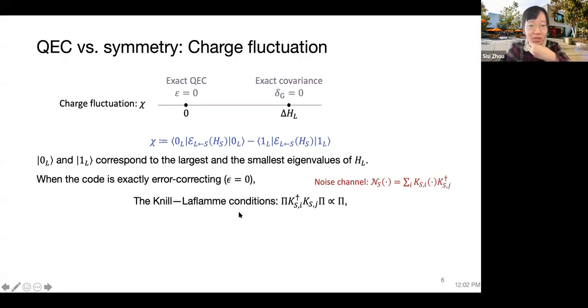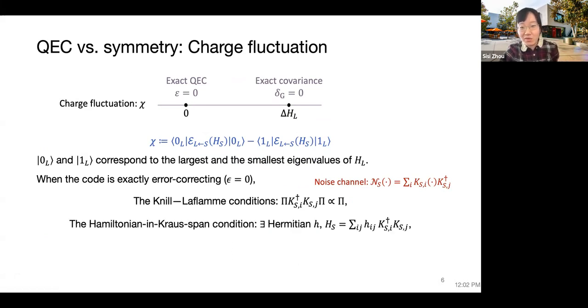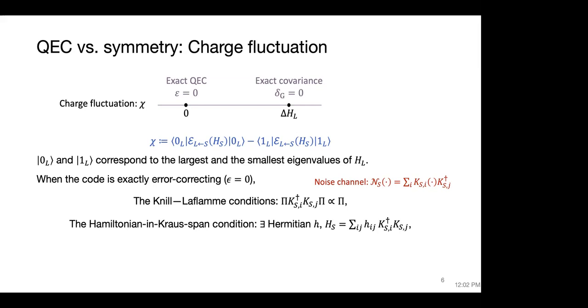If error correcting works, you need to satisfy this Knill-Laflamme condition, and then the Hamiltonian is also going to be corrected as an error. So if the Hamiltonian is one-local, it means that if you do this error correction on the covariant code, then the Hamiltonian is also going to be corrected. So you don't actually have any type of covariant dynamics on the code. Oh, I see. Yeah. Thanks.